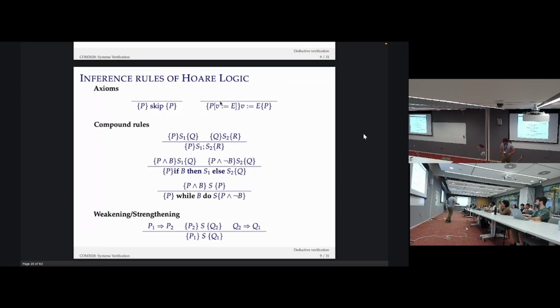So, V is equal to X, being my predicate, that's my P, and then I'm going to replace V by 1, right? What's that going to be?